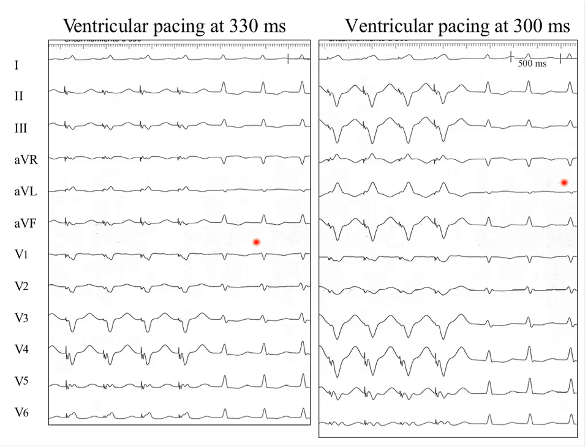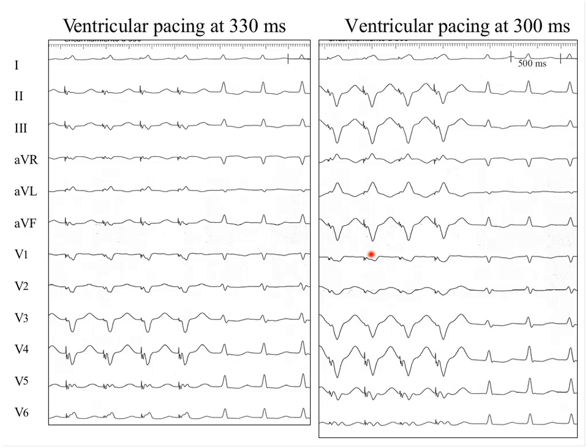We have performed ventricular stimulation during the tachycardia, and what you can see here are the last 4 beats of a pacing train at a cycle length of 330 in the left panel, at a cycle length of 300 milliseconds on the right panel.